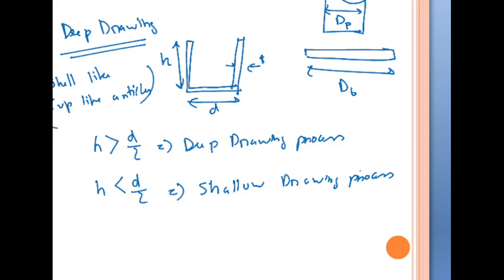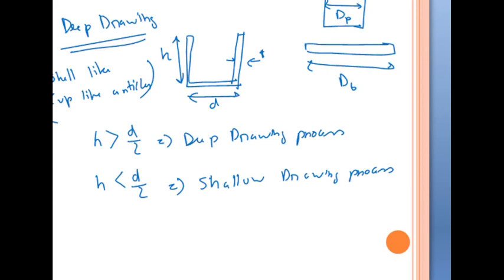Now what will be the force required for deep drawing operation? The force required will be F is equal to L t tau, into diameter of the blank divided by diameter of the punch, minus C. Now what will be the value of L?